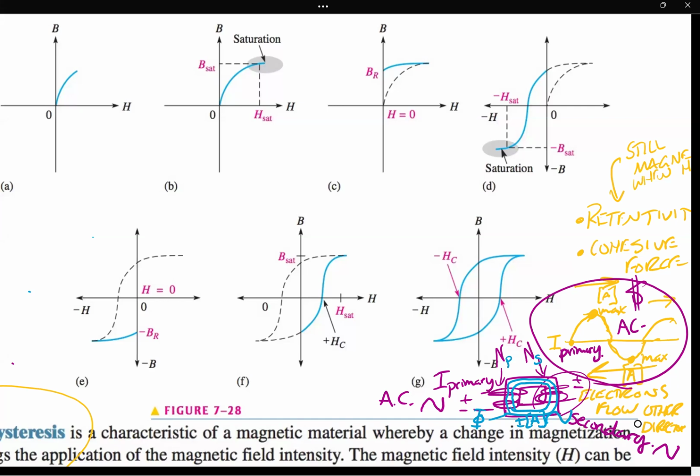However, what I do on primary doesn't instantly happen on secondary because the flux doesn't instantly get made. So as I go up, up, up in current, then I'm going up in H, because H is relative to current. It's N times I over a normalized length, right?